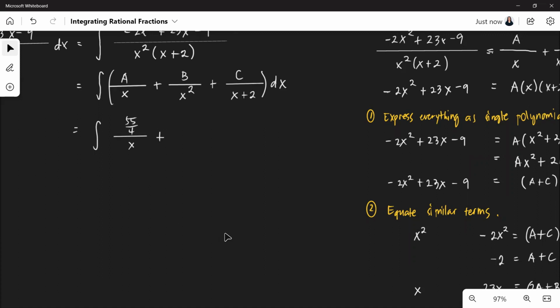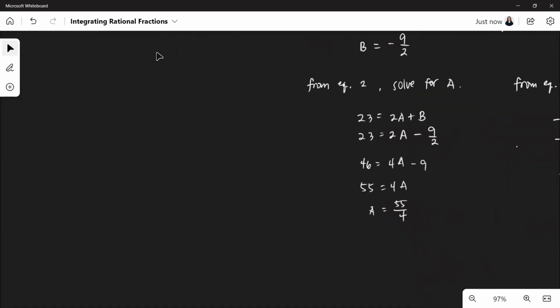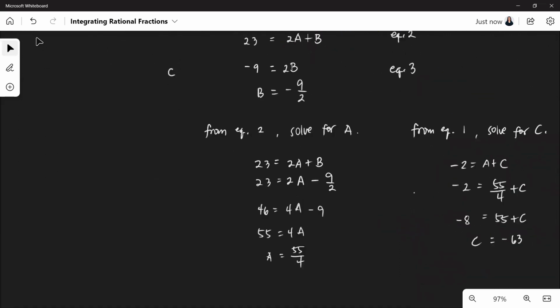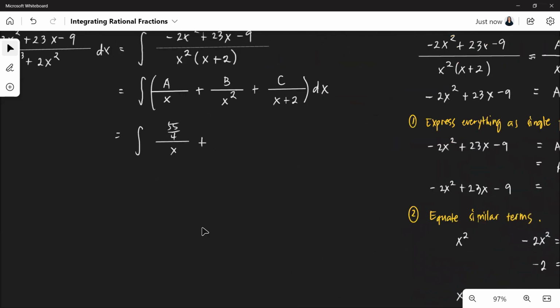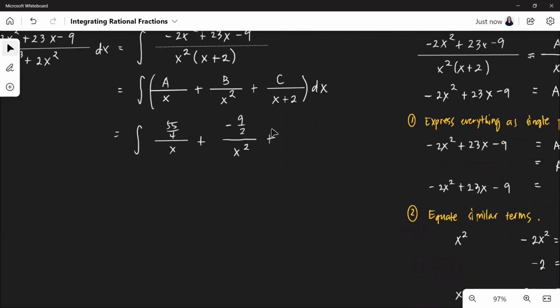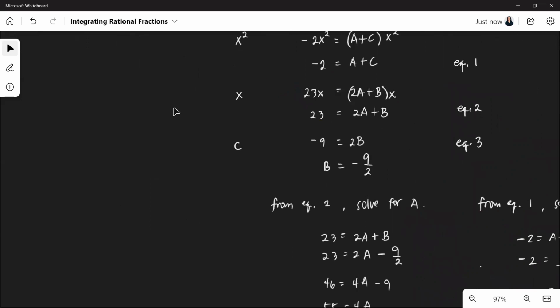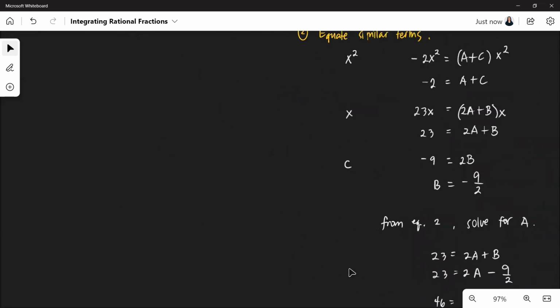Plus b, the value of b is negative 9 halves, so it's negative 9 halves over x squared. And then plus c, negative 63.